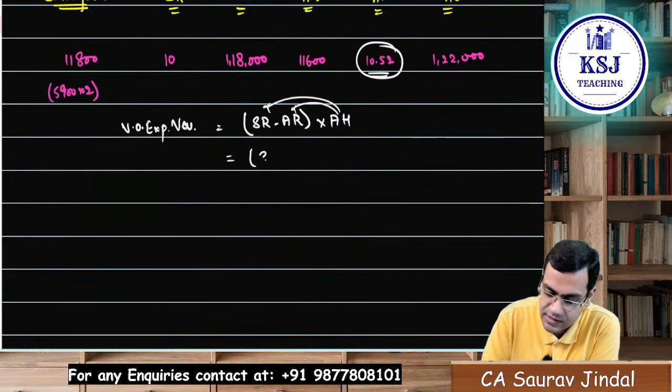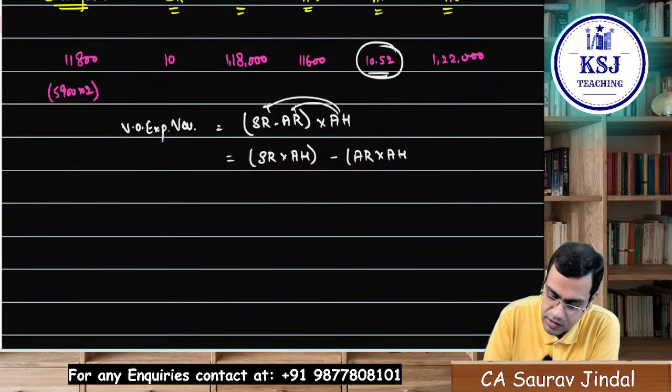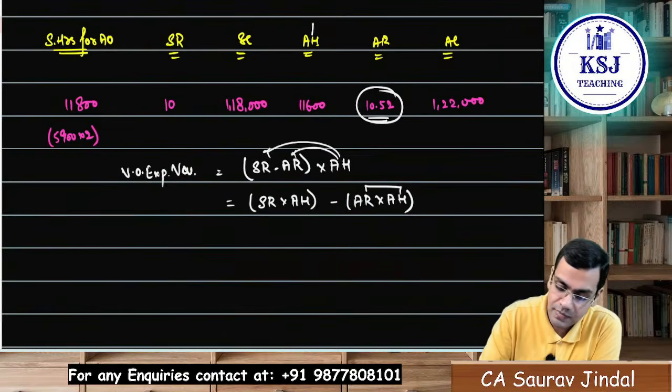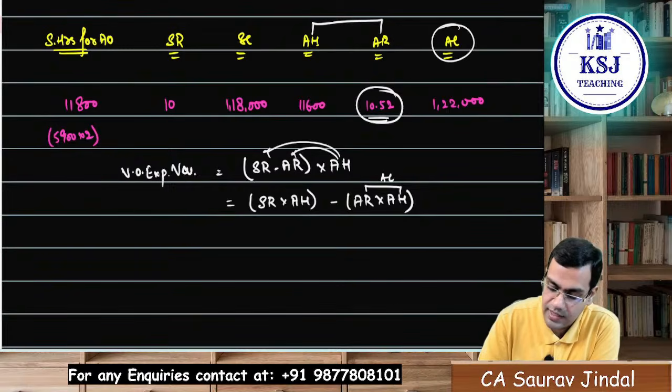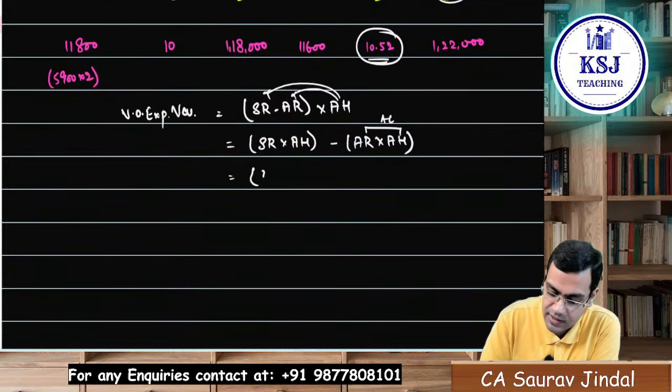We'll write it as standard rate into actual hours minus actual rate into actual hours. Actual rate into actual hours is equal to actual cost. So I can write it as standard rate into actual hours minus actual cost.